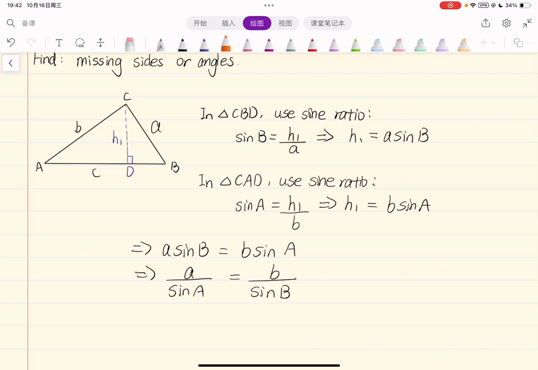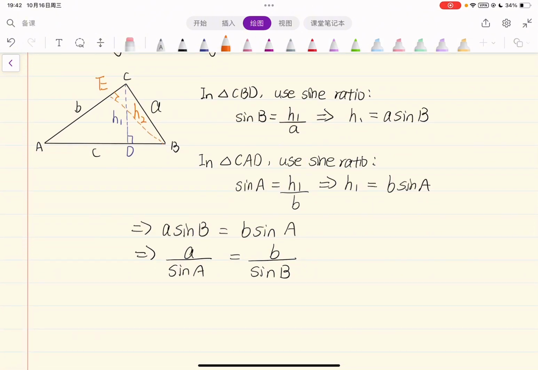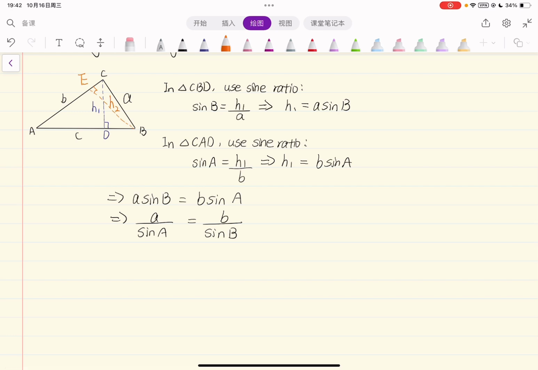Now let us draw another perpendicular line. In a similar way, draw the perpendicular from B to AC. So we say this is perpendicular, and it meets AC at point E. And the length of that, we call H2. Now let us focus on the triangle CBE.